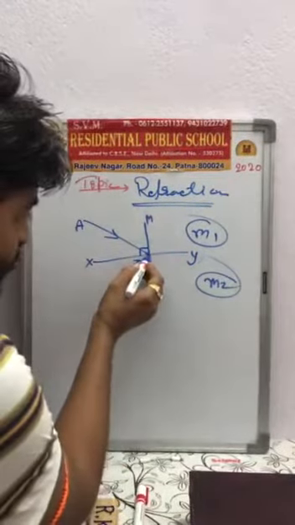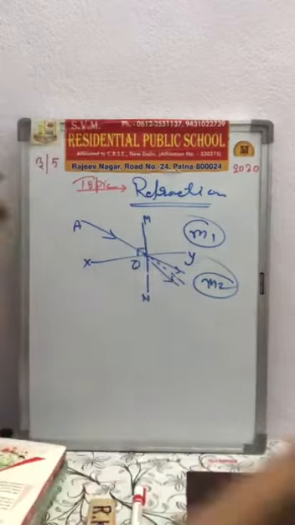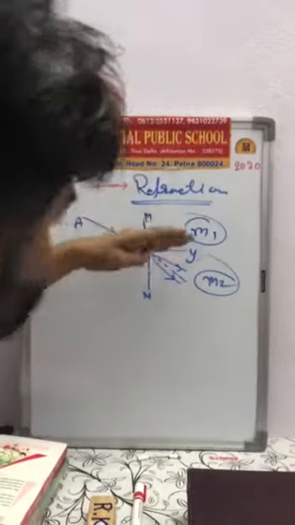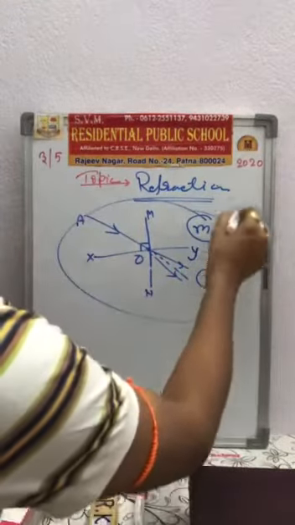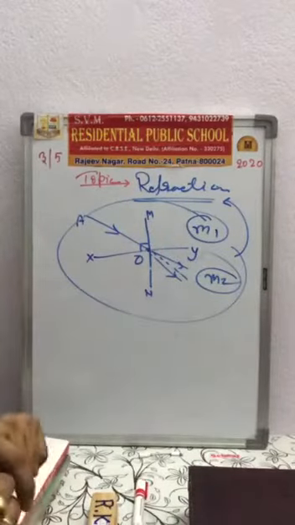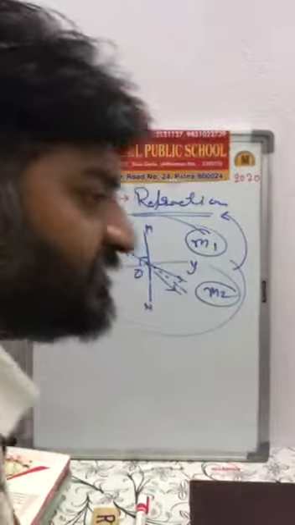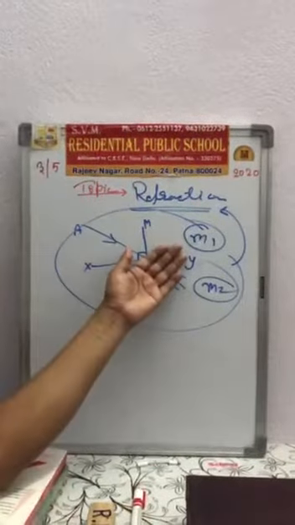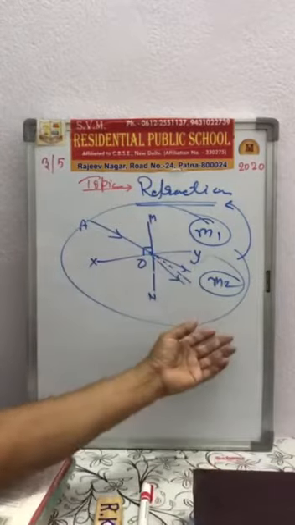Now, light passes from this medium in two possibilities. When light passes from M1 to M2, that phenomenon is called refraction. Refraction is the phenomenon in which light passes from one medium to another. Either M1 is rarer and M2 is denser, or M1 is denser and M2 is rarer.